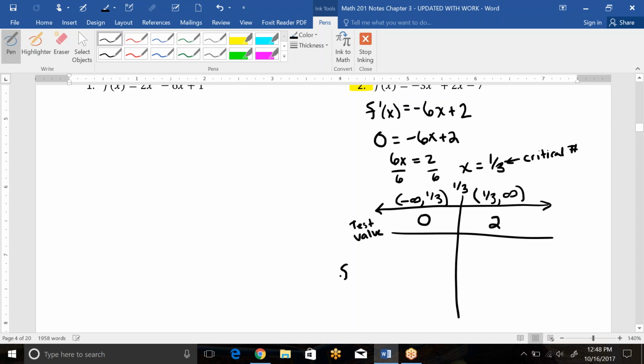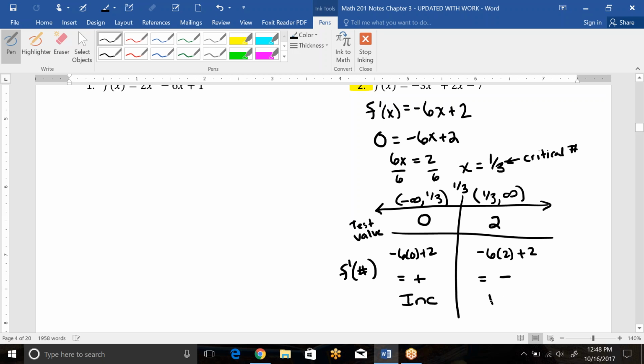And then we plug it into the first derivative. So this is negative 6 times 0 plus 2. That's an overall positive sign. And then negative 6 times 2 plus 2, that's going to be an overall negative, because that's negative 12 plus 2. So if you have a positive in that region for the first derivative, that means you're increasing.